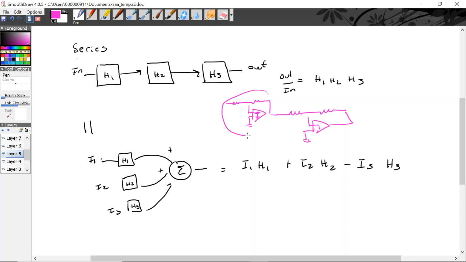Right, this has a transfer function, if it's ideal, of minus this resistor divided by that. And then this has a transfer function of this resistor divided by that, minus. And when you multiply them all together, you get positive.